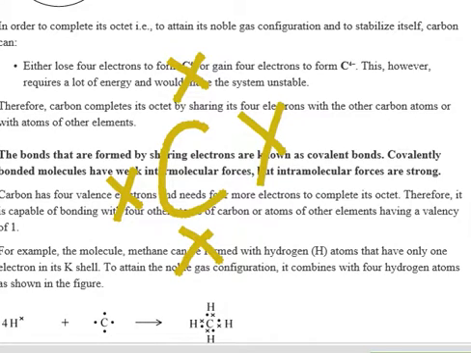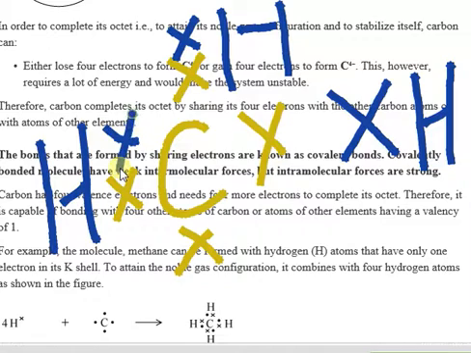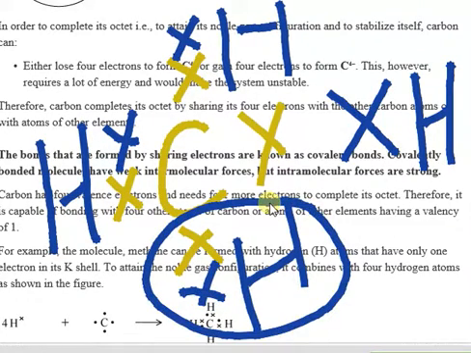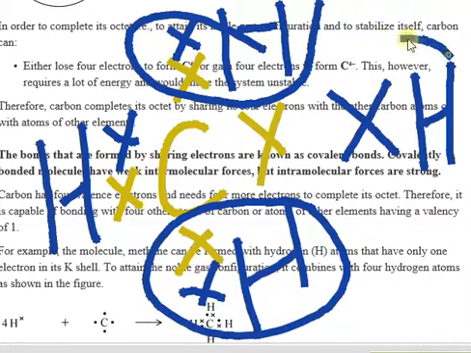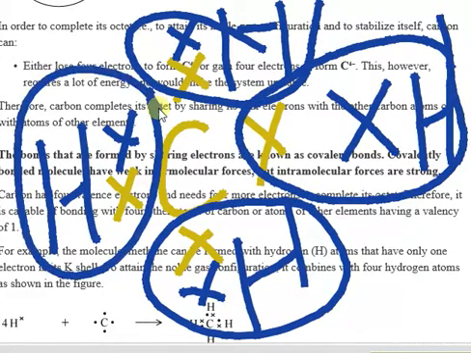At the same time, hydrogen takes 1 electron. It shares 1 electron with the carbon and makes a covalent bond. All the hydrogens share one electron with the carbon and they attain the noble gas configuration.